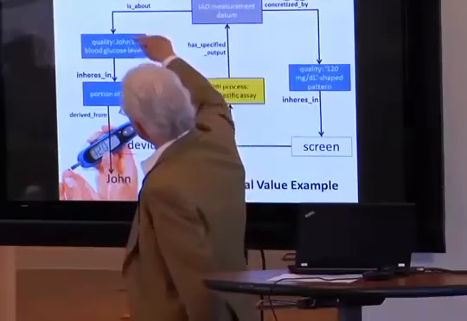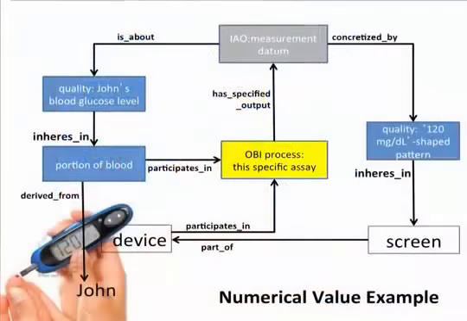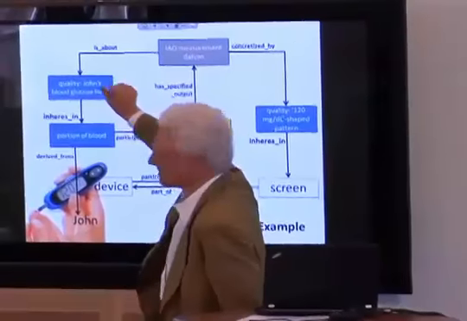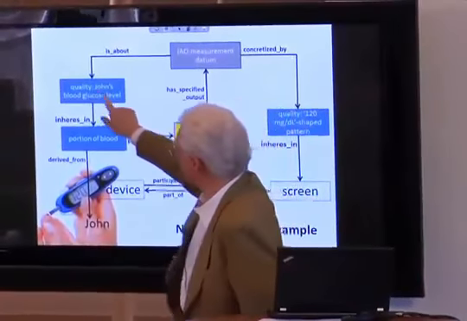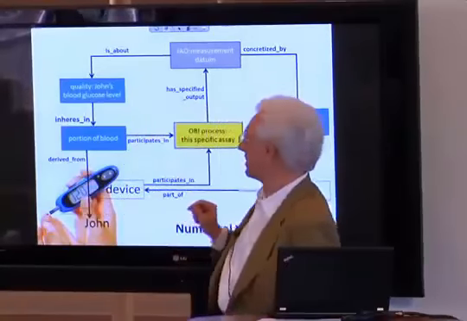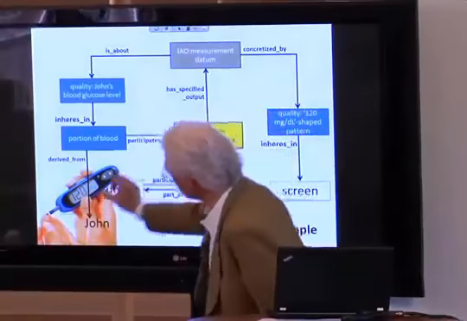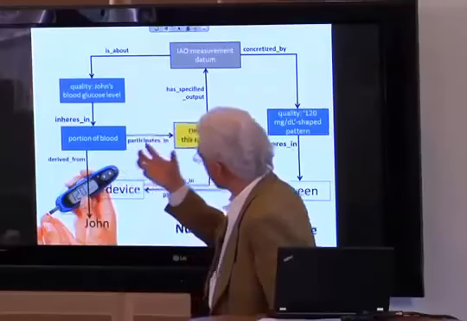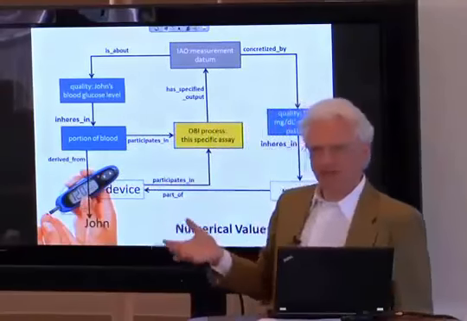The quality, which is John's blood glucose level, this is a Buffo quality, inheres in this particular portion of blood which has been extracted by the device. The device measures this quality. So it measures John's blood glucose level. This is the screen of the device. And this screen here communicates to us a measurement datum.